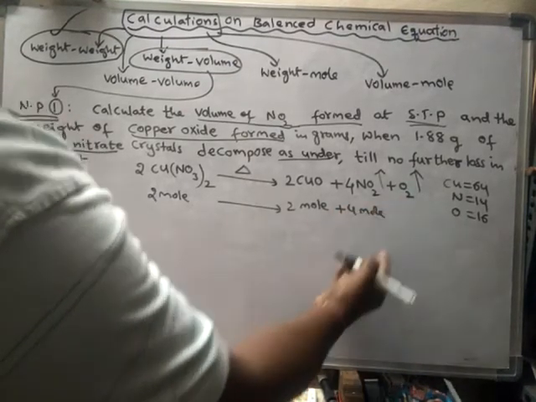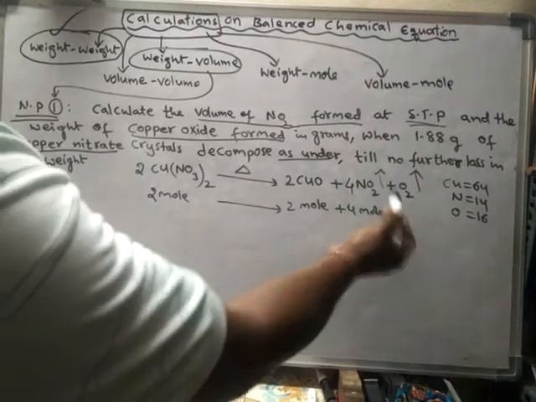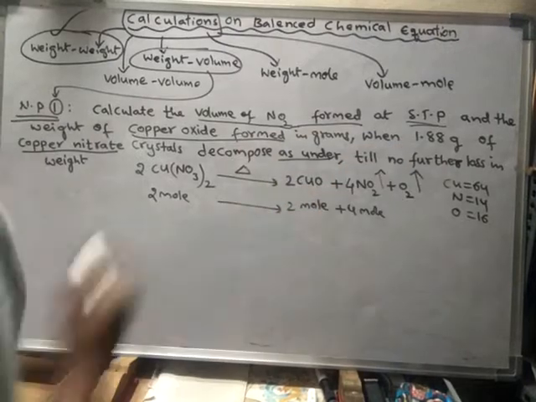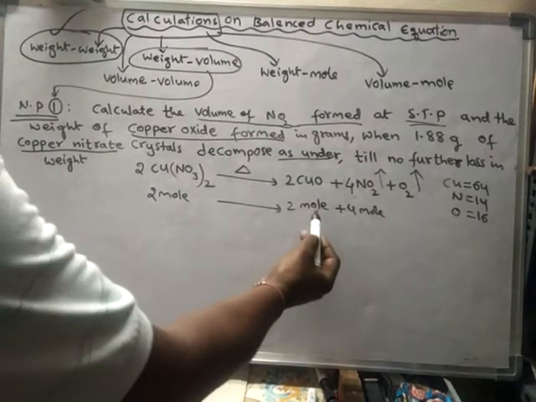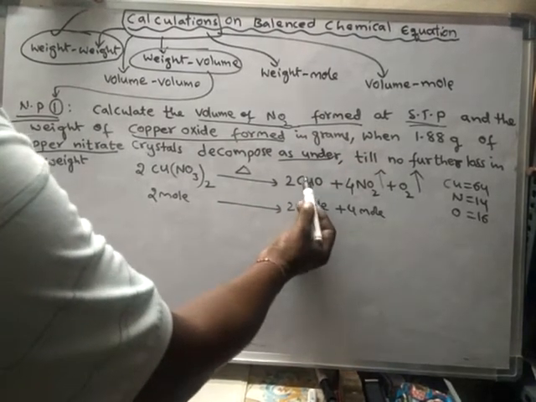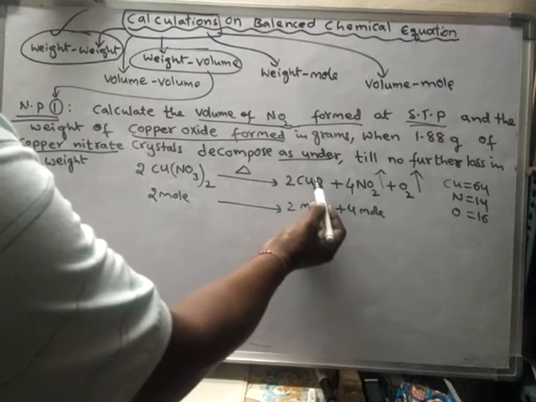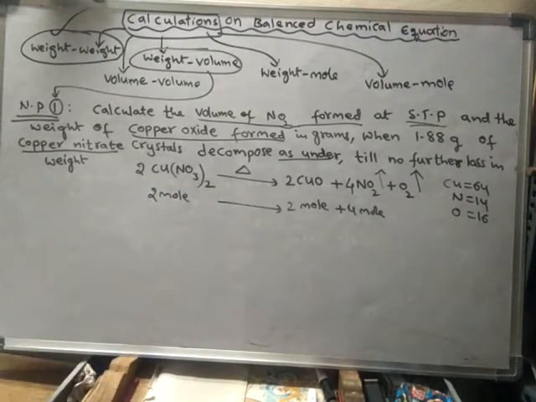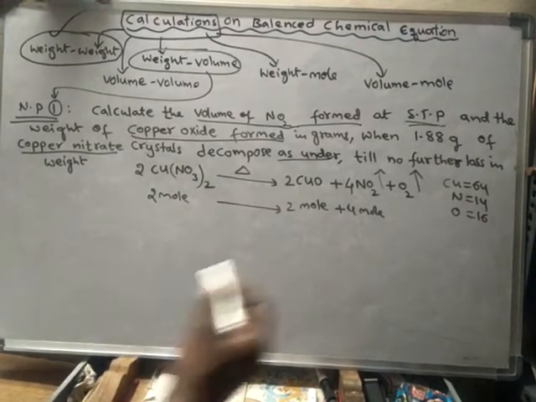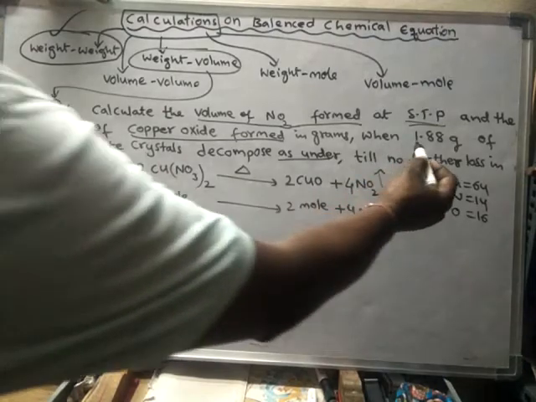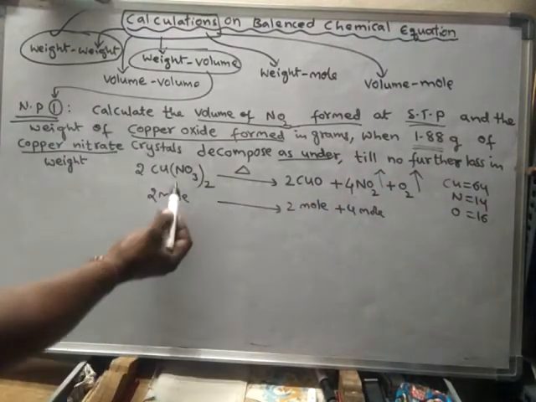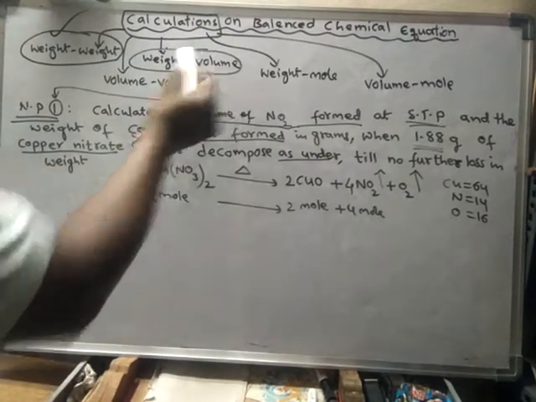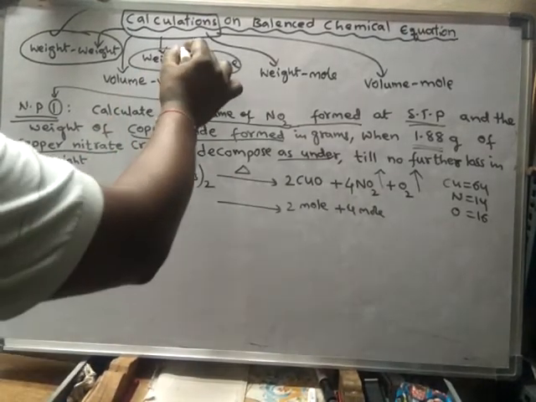No need of writing oxygen, because oxygen is not asked. We have to find the weight of copper oxide and volume of NO2. The weight of copper nitrate is given, 1.88 grams, and we have to find the volume. Hence the relationship is called the weight volume relationship.